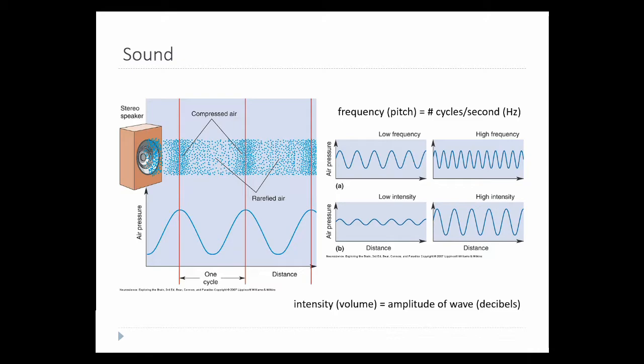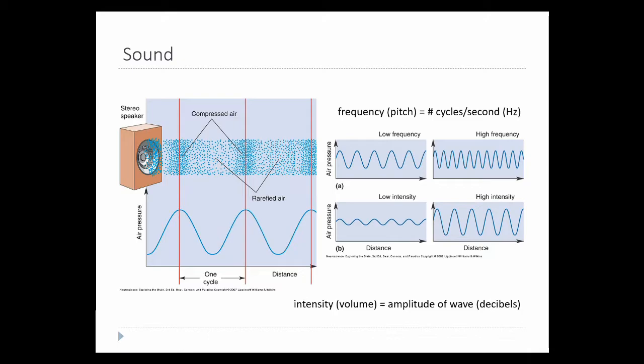That current causes the magnet to move in and out with the frequency of the sound, and that little cone pushes little puffs of air out in front of it. And so a sound wave is basically just little puffs of air, regions of compressed air interspaced with regions of rarefied air. So that's all a sound wave is, and that sound wave travels as air molecules kind of push each other forward through space.